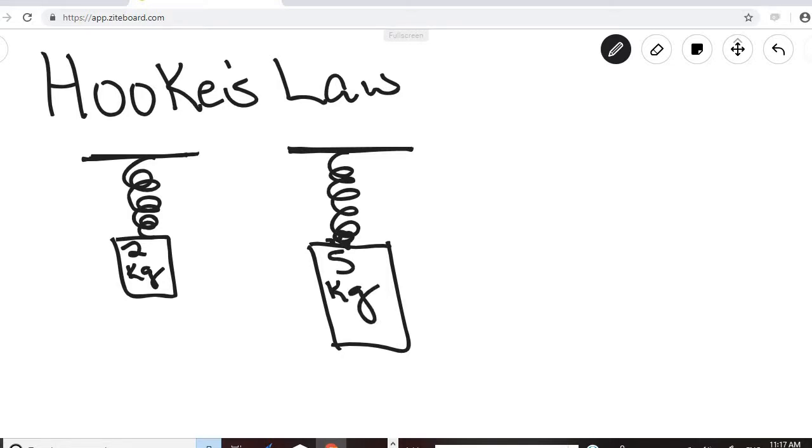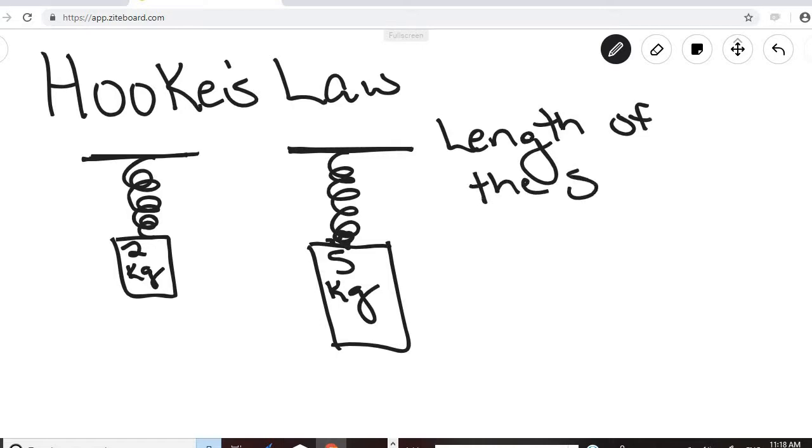If we suspend these masses from the springs, what we would see is the relationship between the length of the spring and the mass that is applied to the spring.